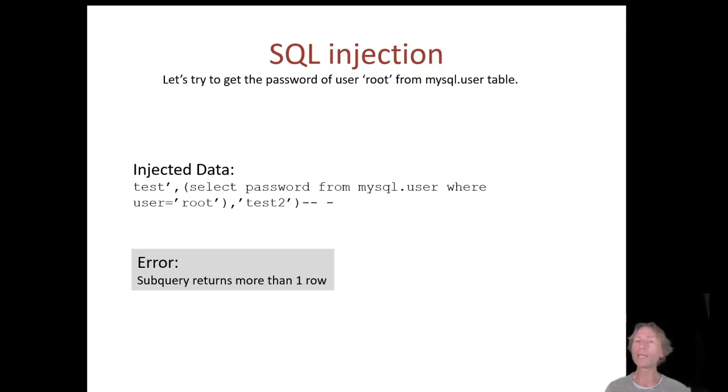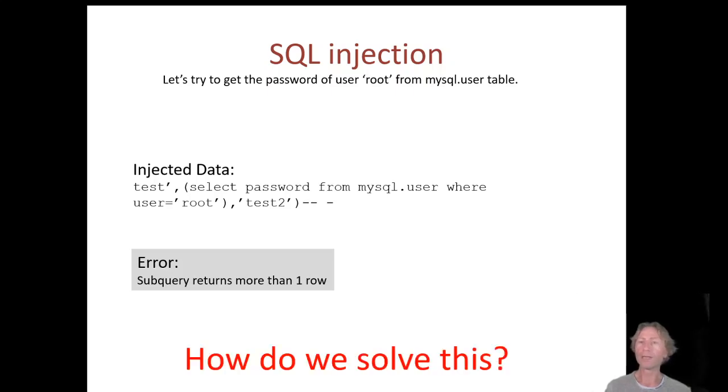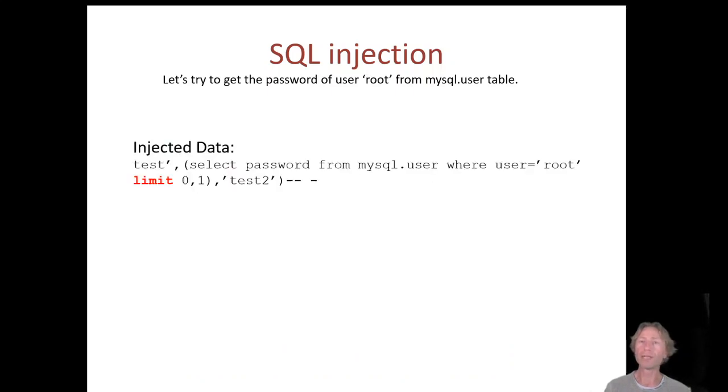For instance, we can add limit 1, which means we only get a single row. Or if we want to be a little bit pedantic about this, we can make this limit 0,1, which means we're only going to return one result, and of all the results that we have, we're going to take the first one, so the one at offset 0. So now we only get a single result.